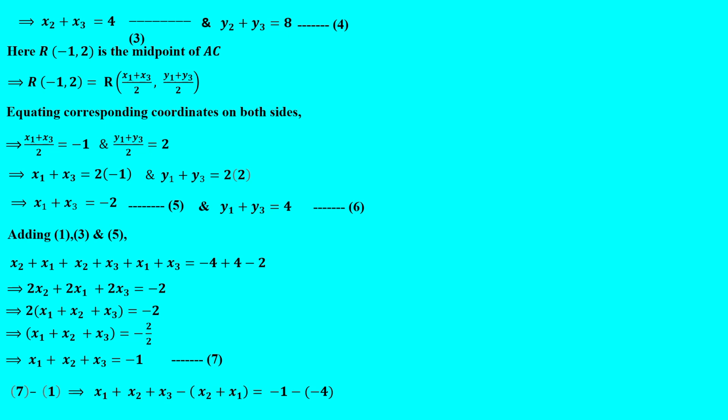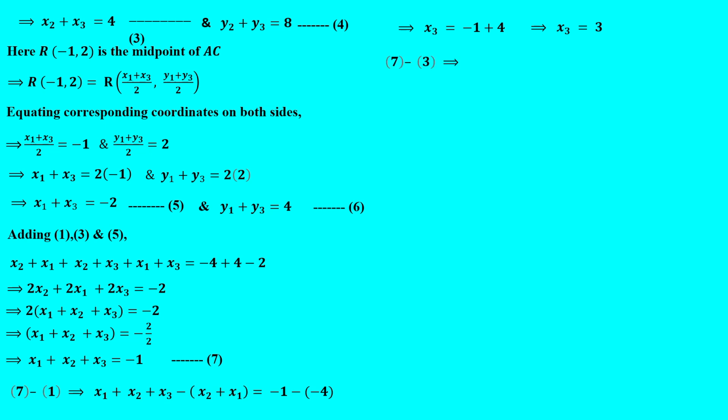So left hand side, x1 plus x2 plus x3 minus x2 plus x1, that is the first equation, which is equal to the right hand side: seventh equation minus 1, minus the first equation, minus of minus 4. The x2 plus x1 and minus x2 plus x1 get cancelled. So remaining you will get x3, which is equal to minus 1 plus 4. This implies x3 equal to 3.